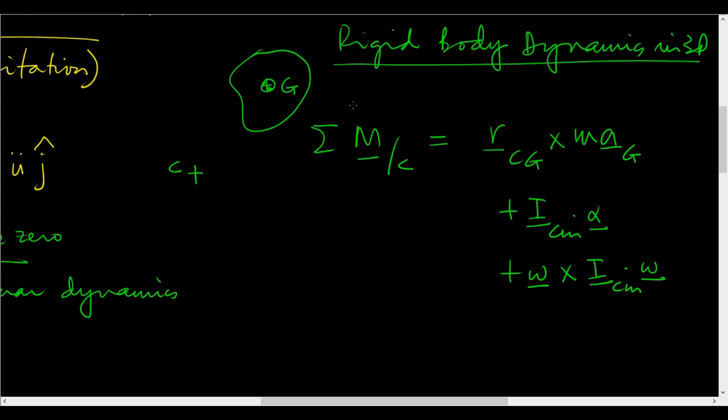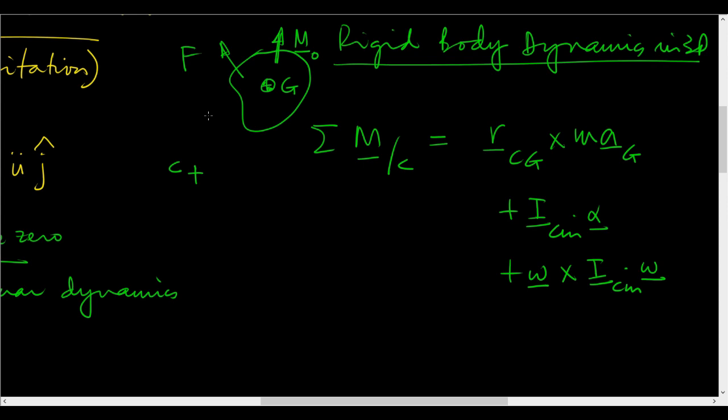So this is sum of moments about C due to whatever there may be. So there may be a force here, there may be some applied vector moment M0, whatever those are, we calculate the net moment about C, and this is the equation we get.